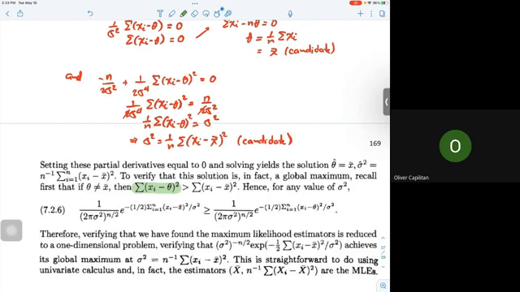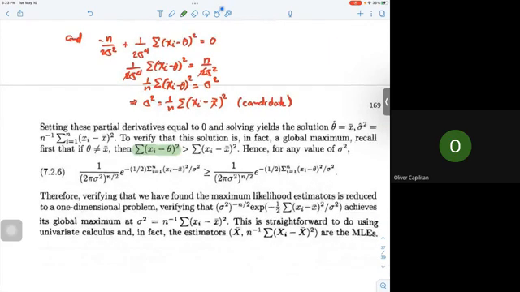Hence, for any value of theta, ang implication yan, no? Parang yung kanina, nag-multiply ka both sides by negative 1/2, then the sense of inequality is being reversed. Dito theta, dito x bar, pero palit na sa kabila, nandito na sa left-hand side yung x bar, nandito yung theta sa right-hand side.